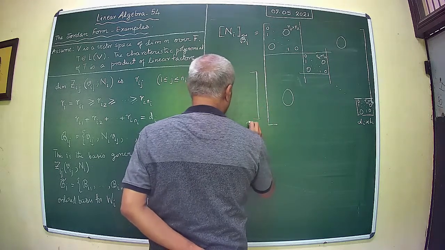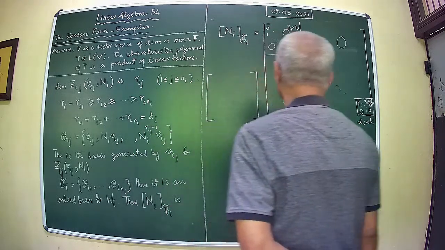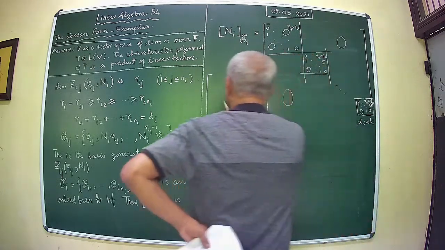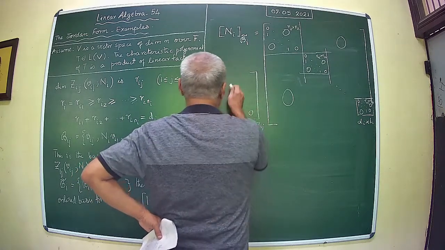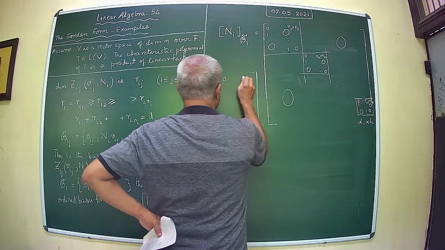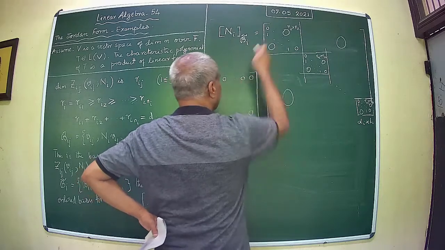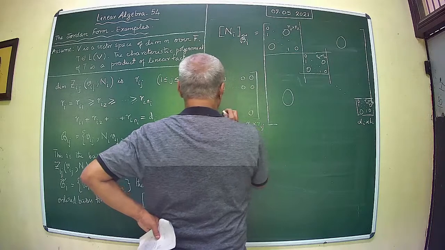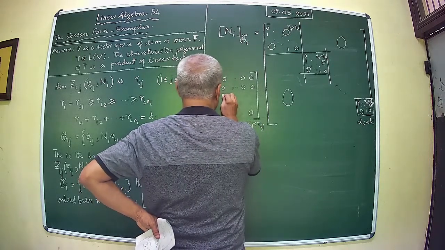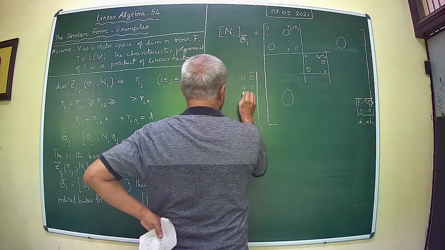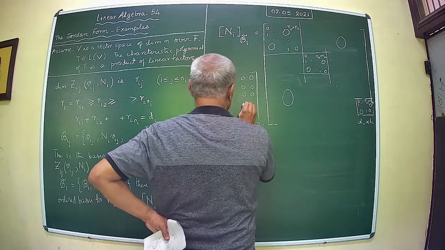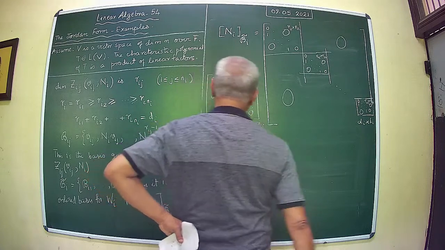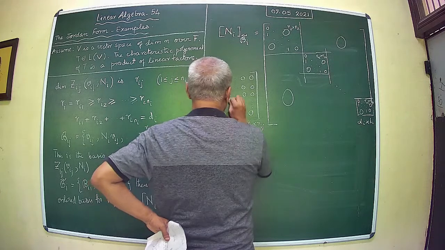Each one is an Rij cross Rij, with 0 along the diagonal, then you have 1 here, 0 here, and so on.